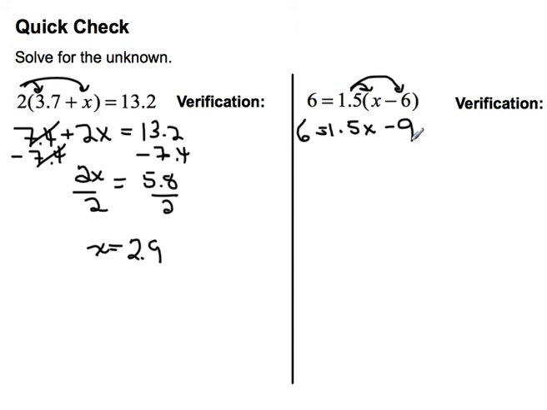Good. I'm going to zero that out. Plus 9, plus 9. And I'm going to get 15 is equal to, those two are 0, 1.5x. And when I divide by 1.5, I'm going to get 10.